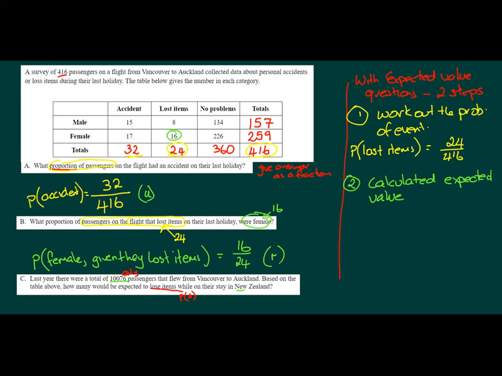In this case, it was 10,076. So what we do here is we calculate the probability of lost items. We've done that. And we multiply that by the quantity of passengers in this case. Okay, so therefore our lost items, that's 24 over 416 times the number of passengers, in this case 10,076.